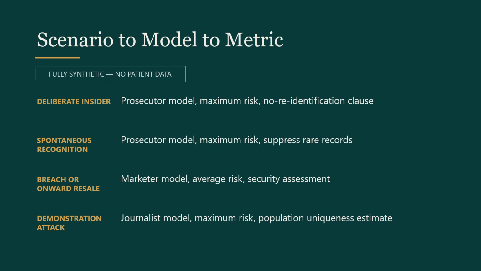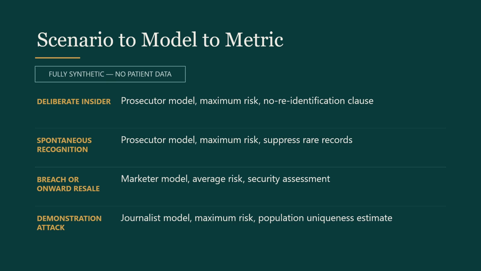Row 4, the demonstration attack by an academic or journalist. No membership knowledge, so the journalist model, evaluated at the maximum because a single successful match is the headline. The control is analytical, a defensible population uniqueness estimate with a named estimator, because the way you lose this one is by having never checked capital K at all.